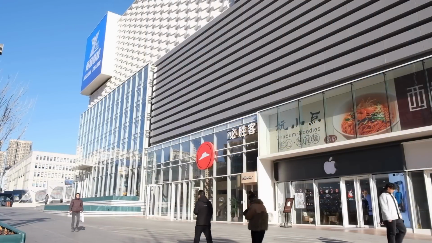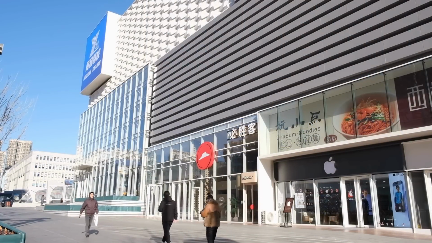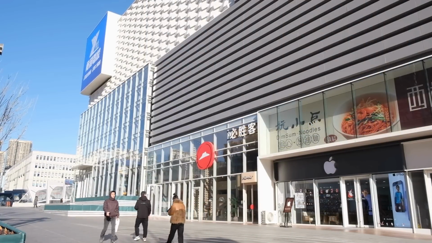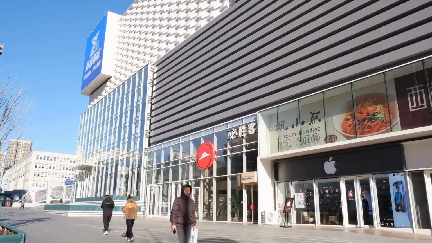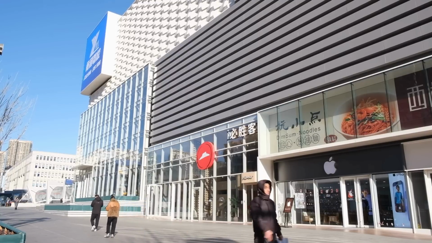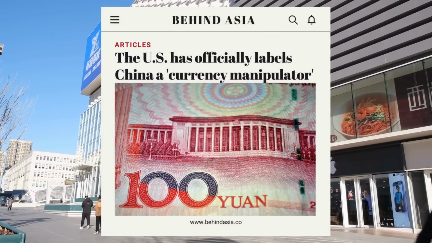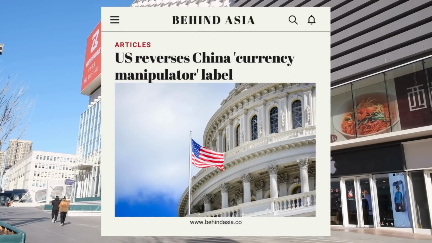Of the three main criteria, China often meets the first criterion, large trade surplus with the US, but doesn't always meet the others, especially not on a consistent basis. The US Treasury designated China a currency manipulator in August 2019, but removed the label in January 2020, which should be because China did not really meet the standard for manipulation.